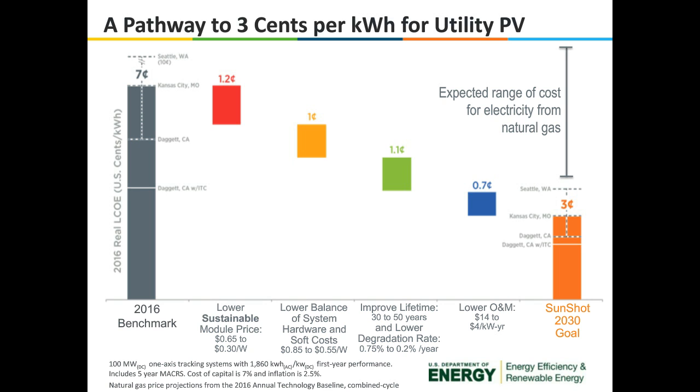And by having an understanding of those sensitivities, we've created a roadmap to cutting the cost in half again by 2030. And in December of last year, we announced our 3-cent per kilowatt hour target for utility scale photovoltaics. And I'm pleased to say that we're seeing already continued progress in this direction.